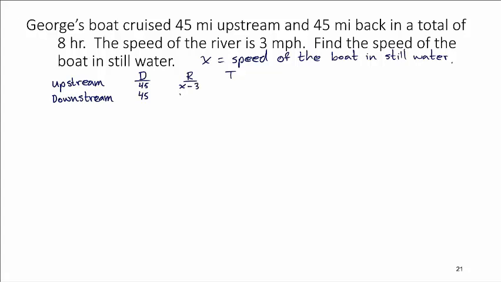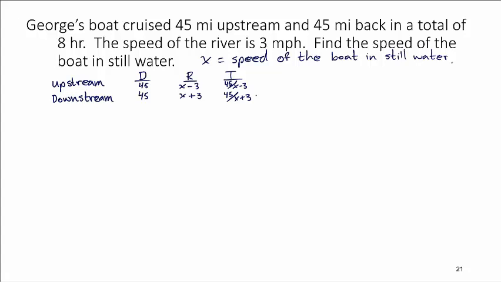And then downstream, we're going to take the speed of the boat and add 3 miles per hour, right? Now, remember, time is equal to the distance divided by the rate. So we're going to have 45 over x minus 3 for the upstream case, and 45 over x plus 3 for the downstream case. And we know that the total time for the trip is 8 hours, right?